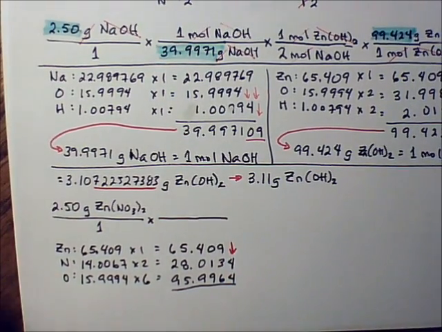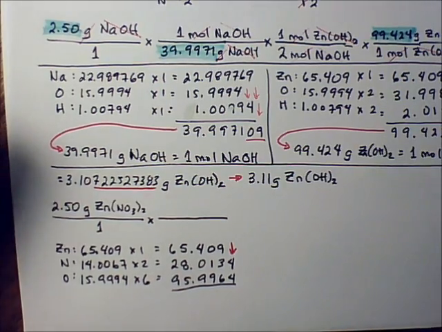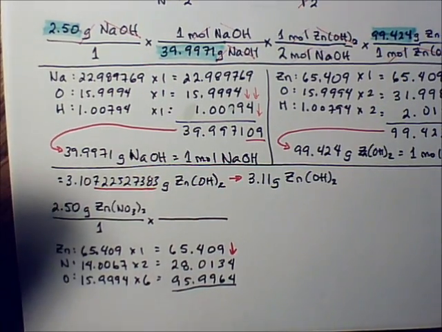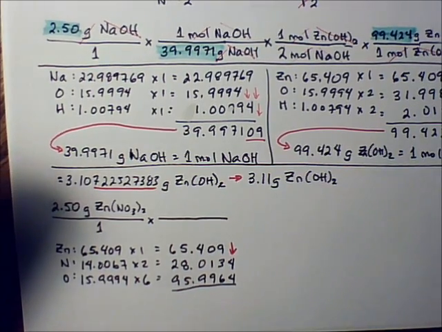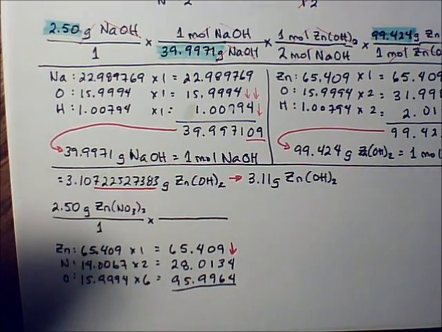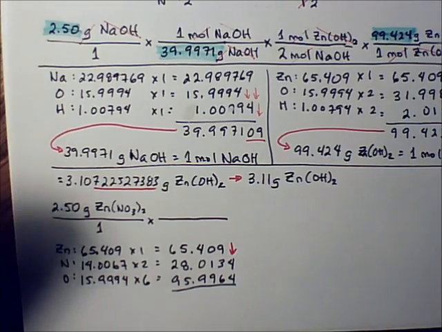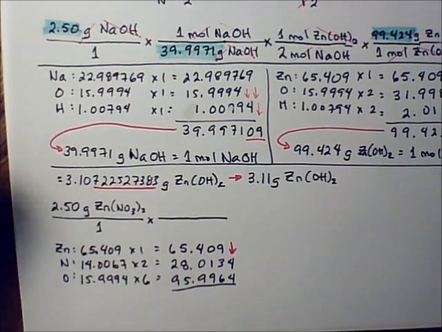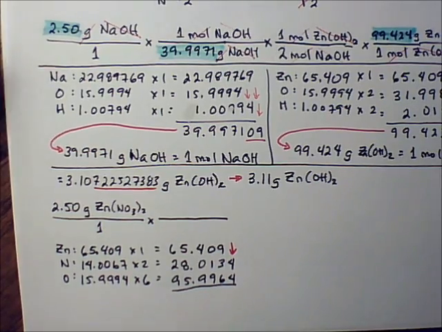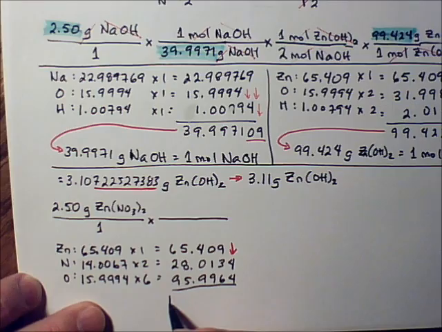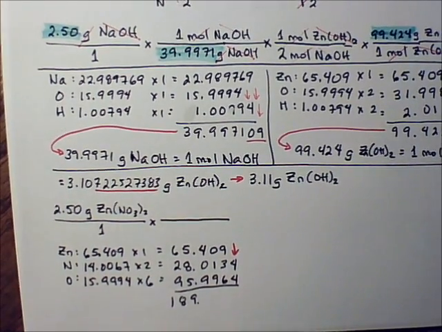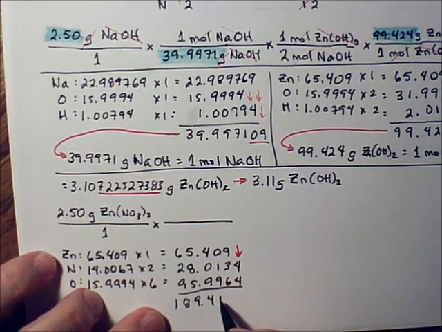So when I add all these up, I'm going to have 1 digit I need to round off. And I calculated 189.4188.